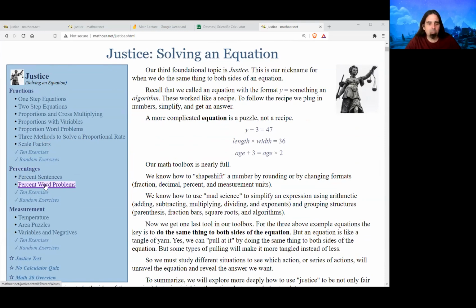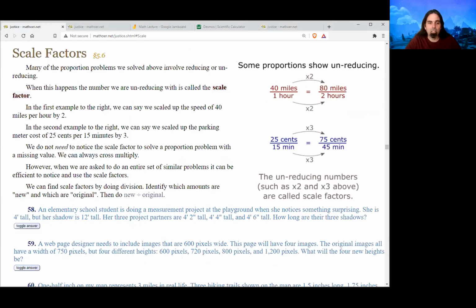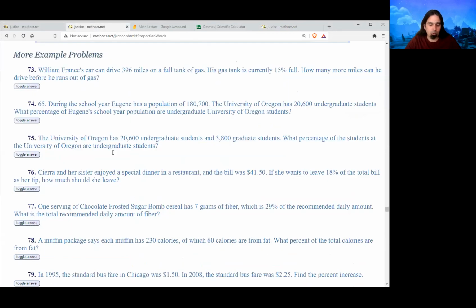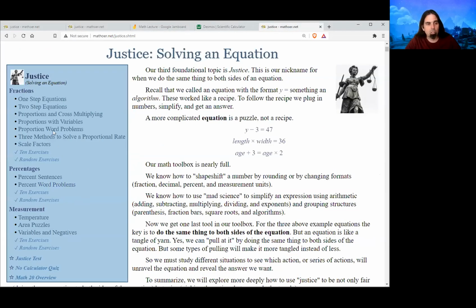So the thing that makes sense today is to go over homework questions that we have, but go through scale factors with a bit more detail and do lots of example problems from the percent sentences. So that's our agenda for today.